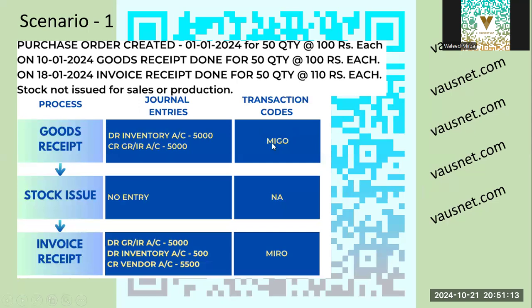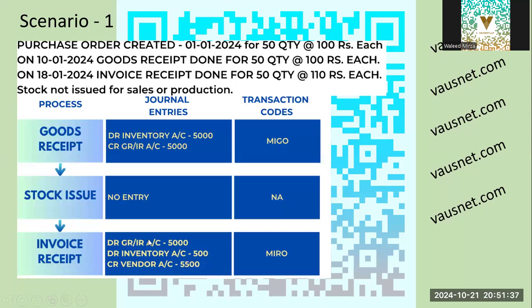This is the transaction code. Stock is not issued. Invoice is received, and it is something like this: the GRIR account, which was already credited, will now be debited because we have received the invoice.